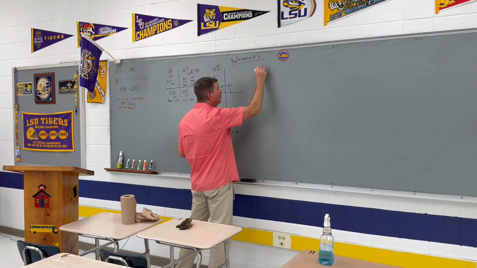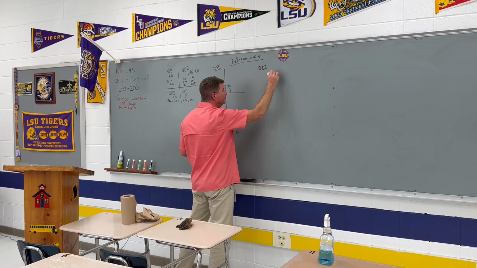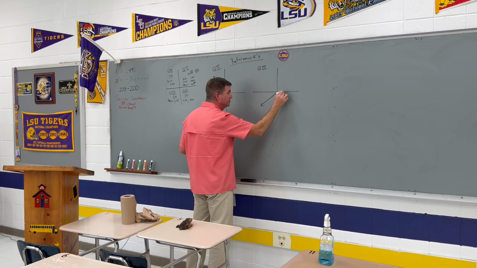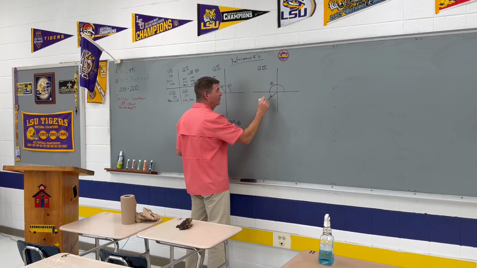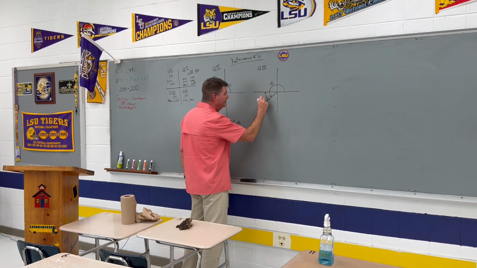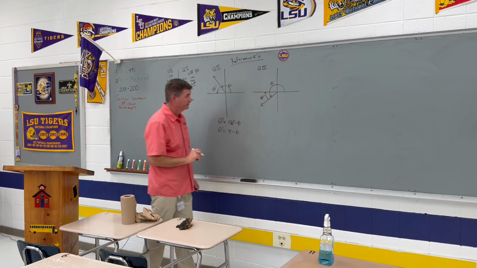If we're in quadrant 3, I'll draw an angle in quadrant 3. That would be my theta. In order to get back to the y-axis, the closest way back would be to go backwards. This would be theta prime.